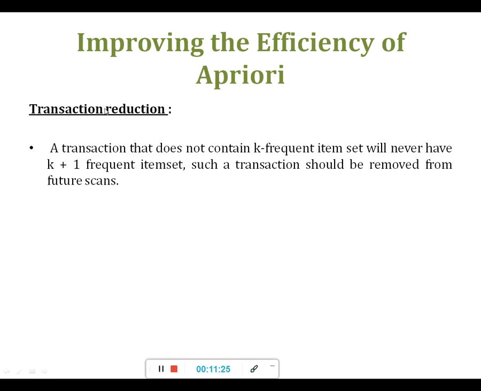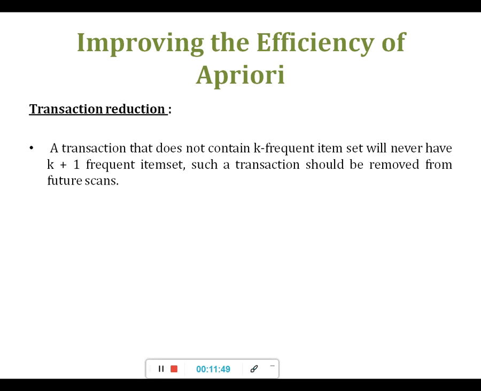Same here: if the k item set is infrequent, then the k plus 1 item set is also not going to be frequent, so we remove such a transaction. As the subset is not frequent, its superset is also not going to be frequent.